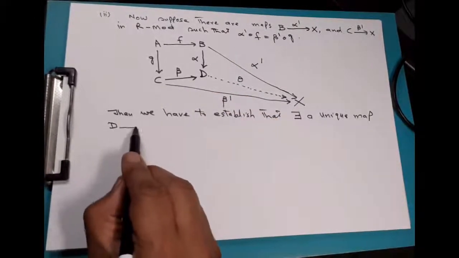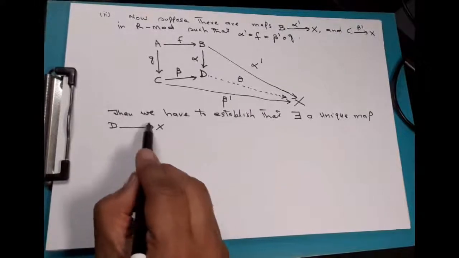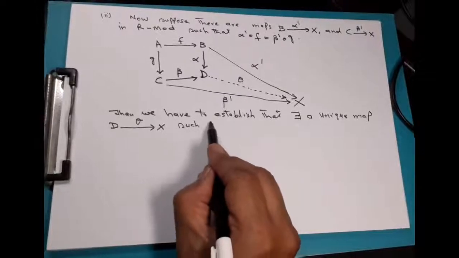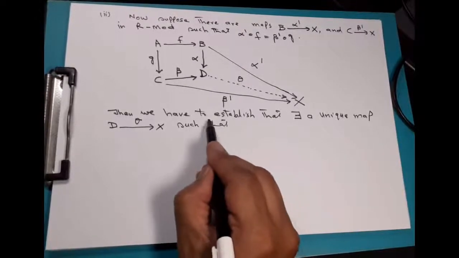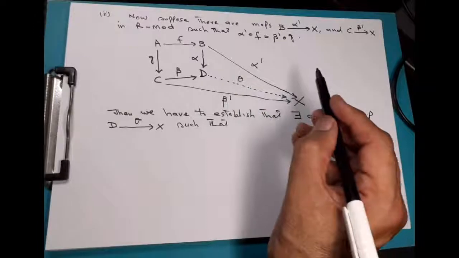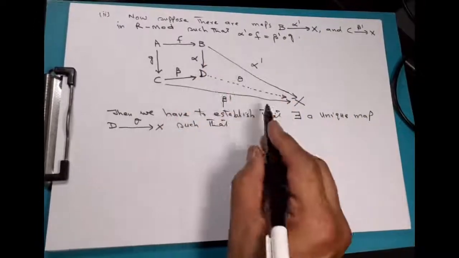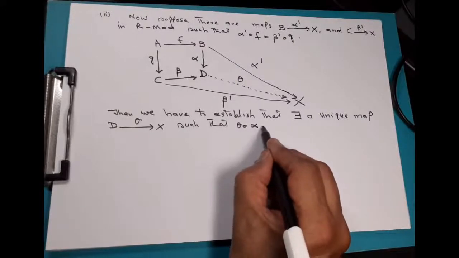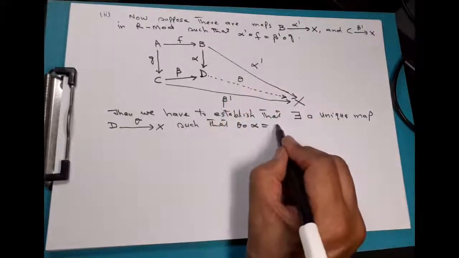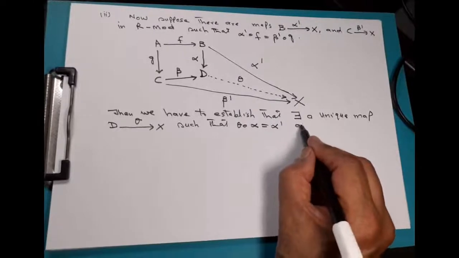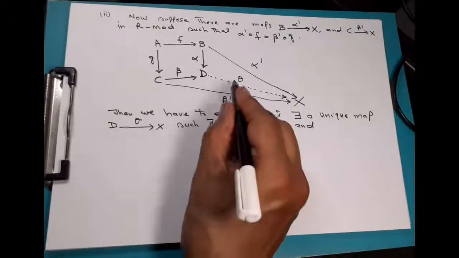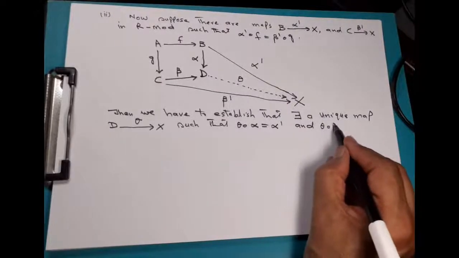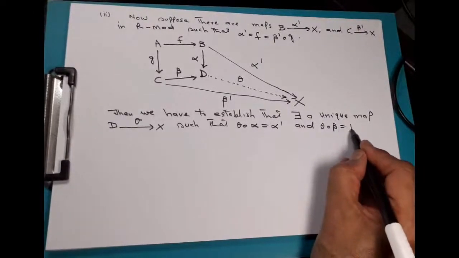Unique map from D to X, theta, such that this map has to be such that theta composed with alpha is equal to alpha dash and theta composed with beta is equal to beta dash.